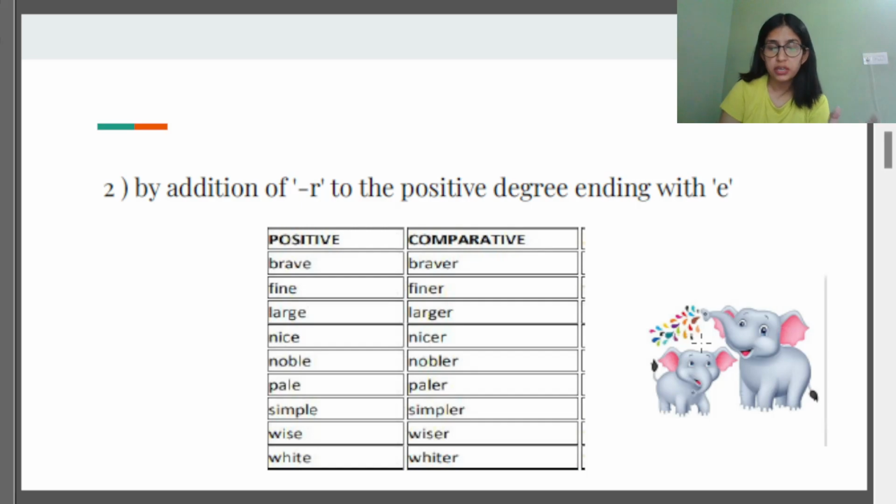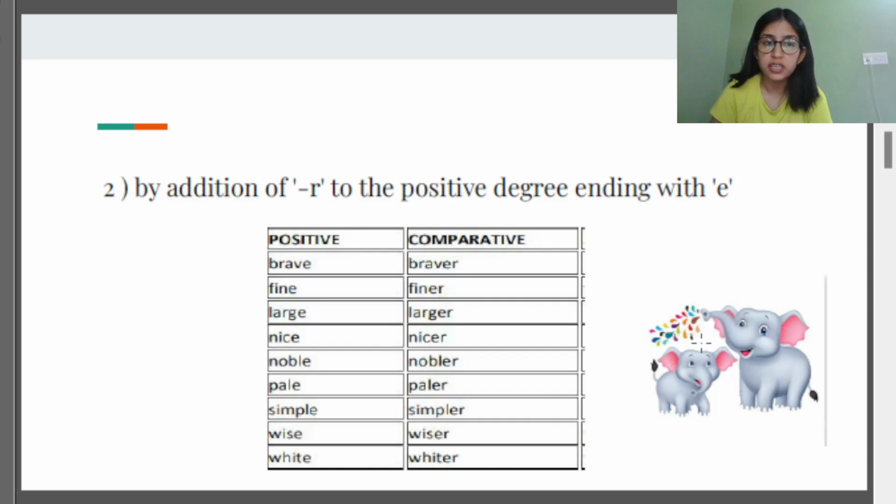When a positive degree is ending with e, there is already e there. In the previous one we were saying that we'll be adding er, but in the positive degrees where e is already there, we'll be just adding r to that. Because if there is brave, then we'll be adding just r to make it braver, and not er. So brave will become braver. I am brave, but you are braver than me.